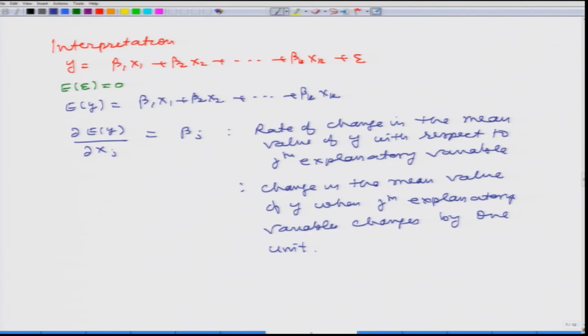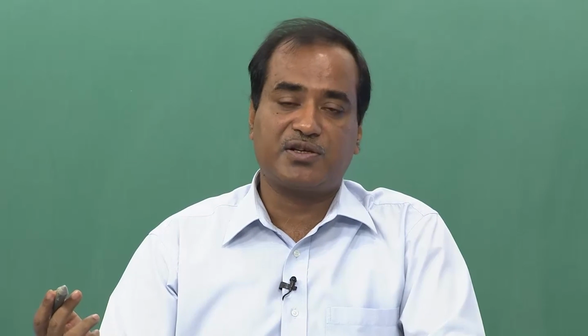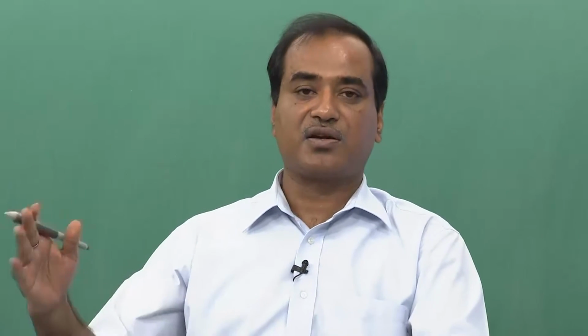And if you try to recall, this is a similar interpretation as in the case of the simple linear regression model. Whatever interpretation I had given to beta 1 in the simple regression model is now extended to beta 1, beta 2, beta k. Now, what is the interpretation of having an intercept term in the model?